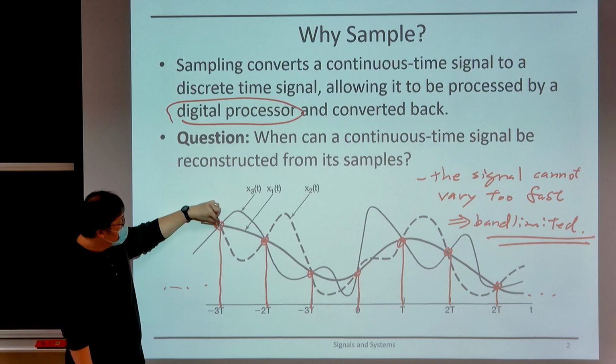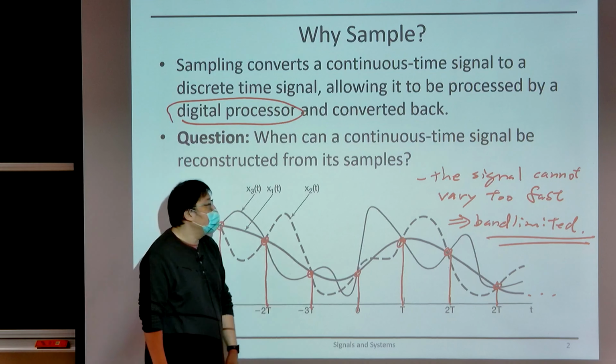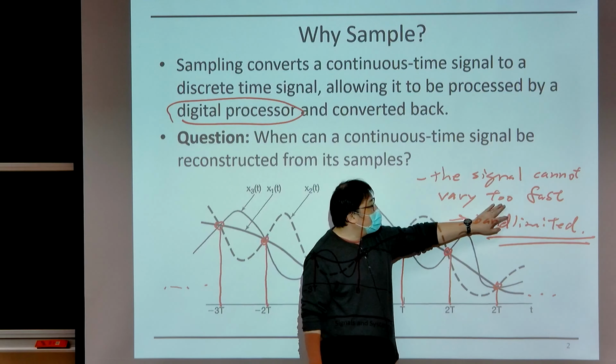So the intuition is that the continuous time signal should not vary rapidly from sample to sample, so that we can well interpolate it back into the original signal. So the signal cannot vary too fast. In other words, the signal should be band limited, with frequency components that are low enough so that it does not vary too fast. We will derive this more rigorously tomorrow. So let me stop here.